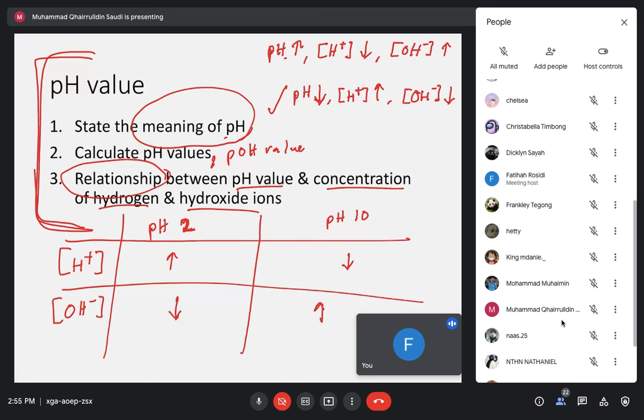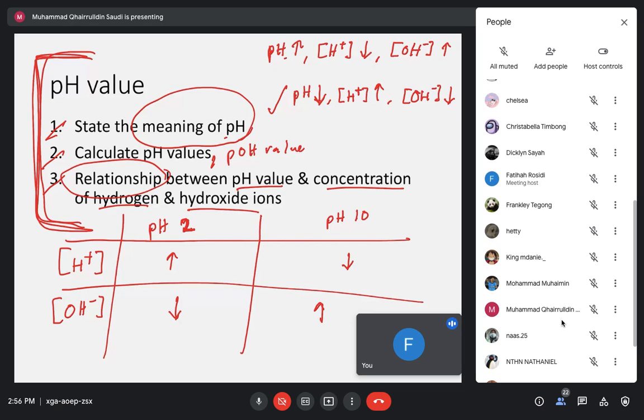Kita tak payah masuk benda lain dulu. Next one kita masuk next class. So make sure you are clear with these 3 things. Kalau tak faham lagi please ask me in WhatsApp group. And you have one exercise in your Google Classroom. Saya dah assign one exercise for you to calculate the pH and pOH of acid and alkali.